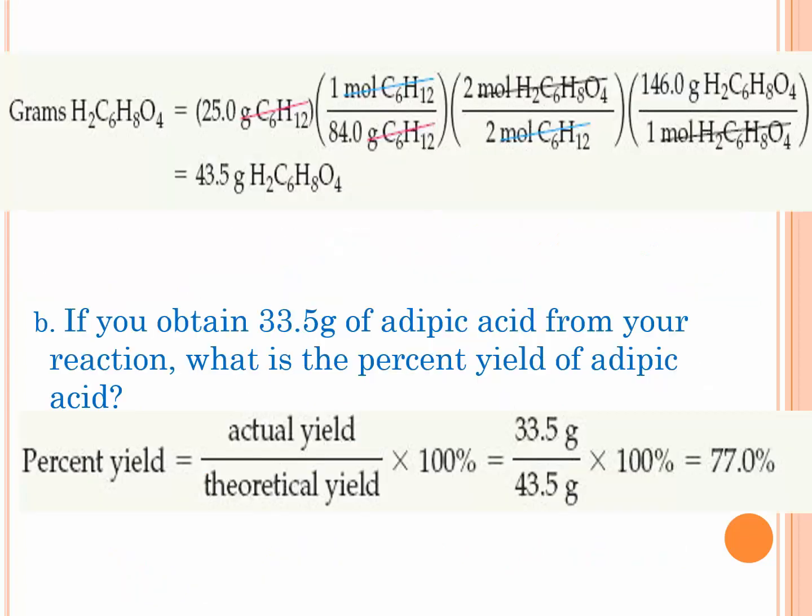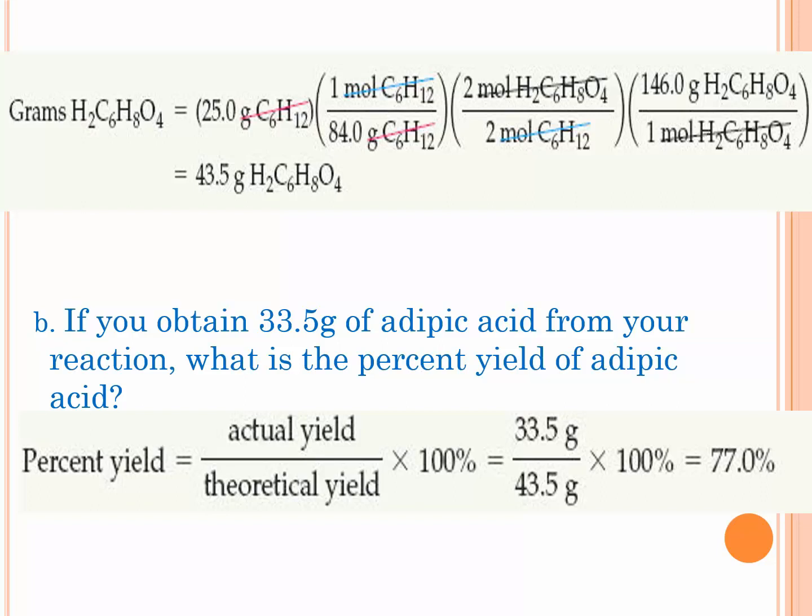So we can easily now find grams of adipic acid by converting grams of cyclohexane into moles of cyclohexane, and then use the stoichiometry from the balanced equation to convert to moles of adipic acid, then to grams of adipic acid.